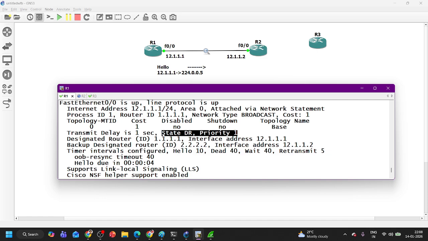This router is DR. But there is a timer for DR and BDR election, that is 30 seconds, or 40 seconds, sorry. Wait time is 40 seconds.